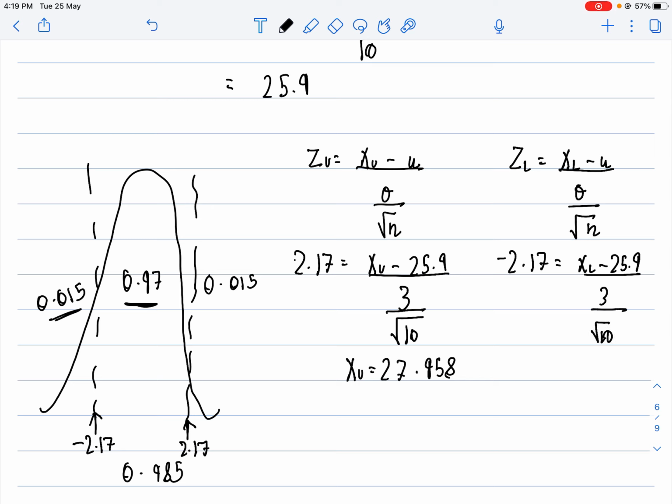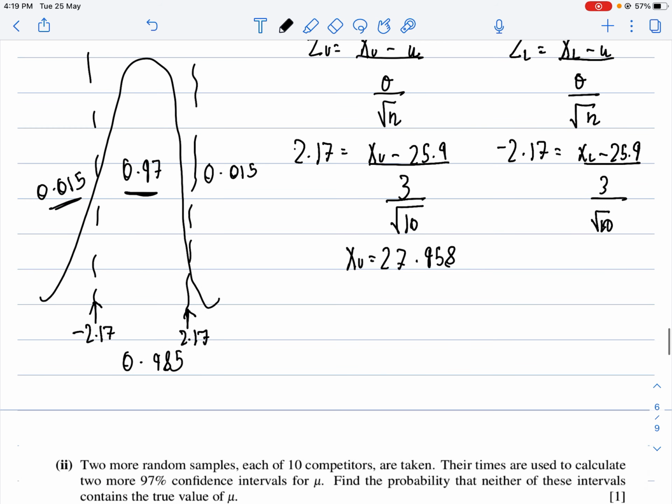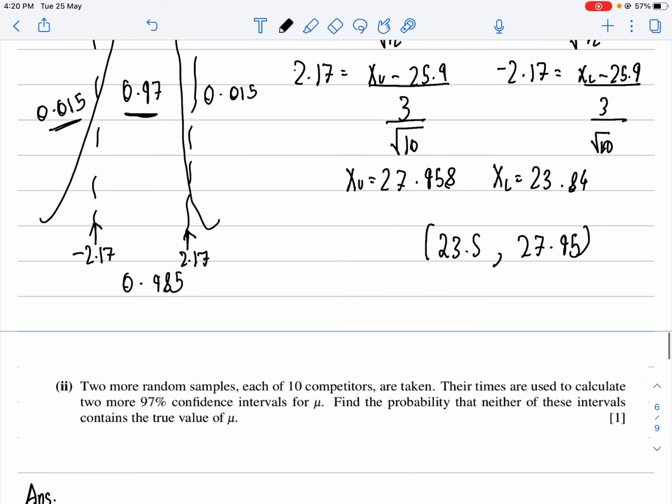So minus 2.17 times 3 by root 10, plus 25.9, gives 23.84. So the interval is 23.84 to 27.95. Correct? This is what we do: we write the lower limit, comma, the upper limit.